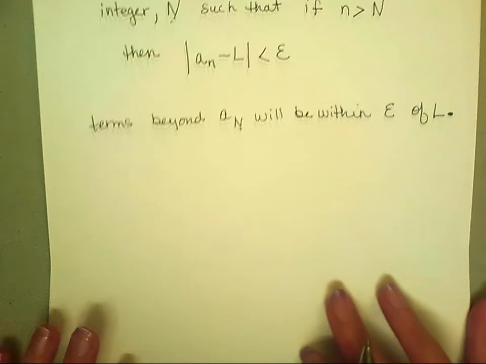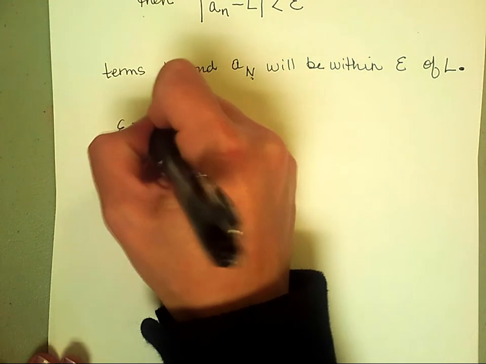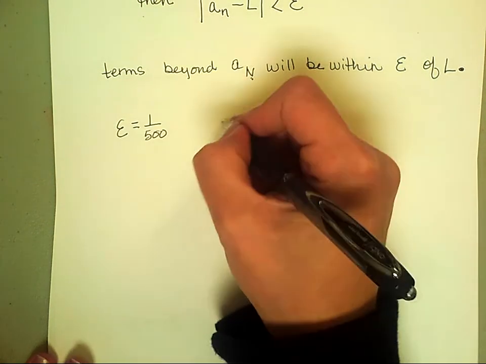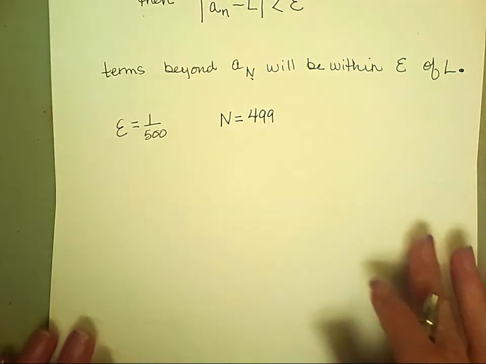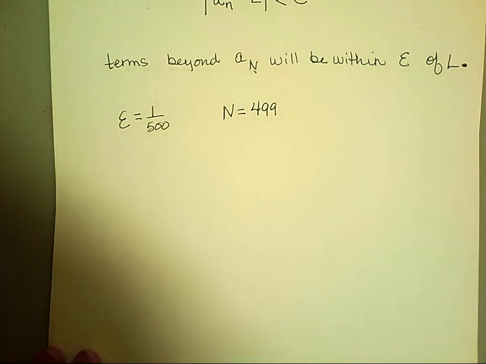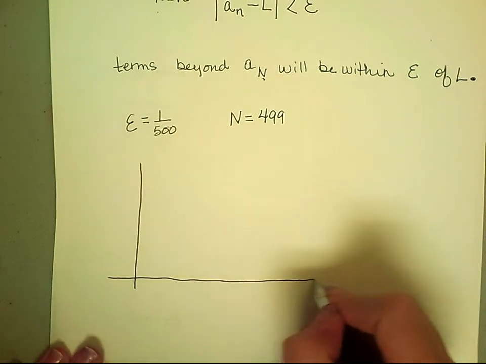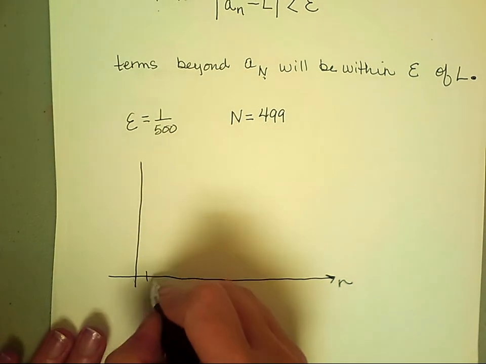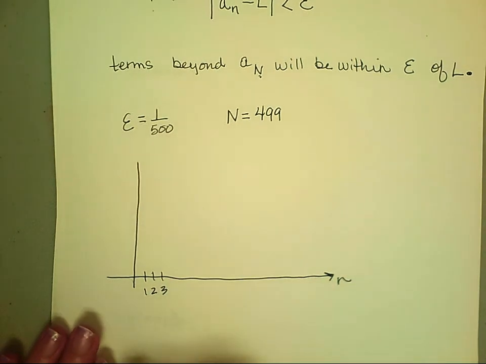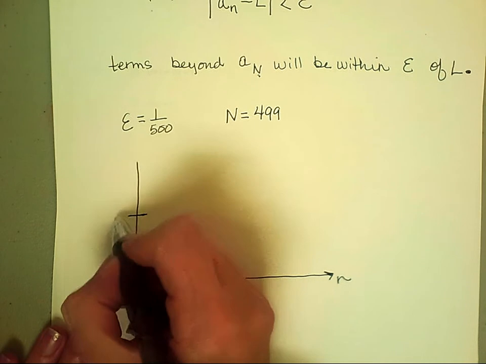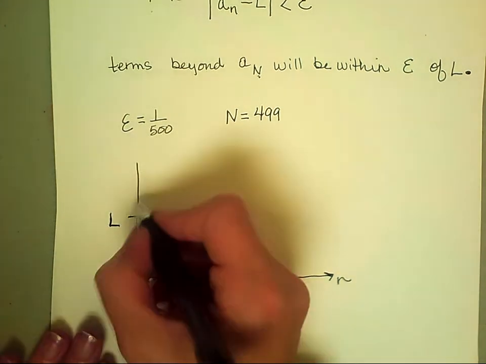So graphically, let's see what we just did from the previous example. We said that epsilon was equal to 1 over 500, and for us to accomplish this, we needed n to be sufficiently large at 499. Here are all our natural numbers, 1, 2, 3, etc. Here's the limit that we know, which in our last example was 1.